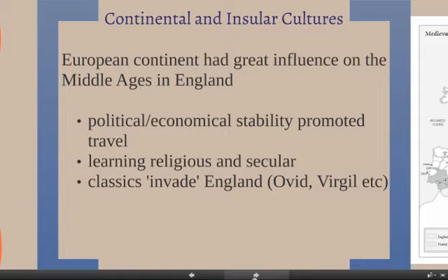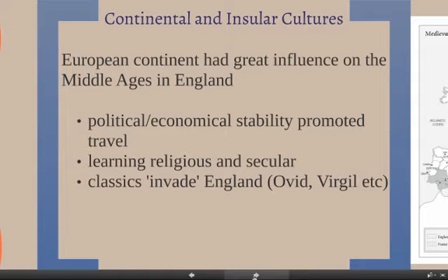And because the monarchy is stable, and because they aren't at war with the other countries, but instead are in Europe, instead are trading, it really promotes the ability for people to travel. And so learning expands, both religiously and secularly.